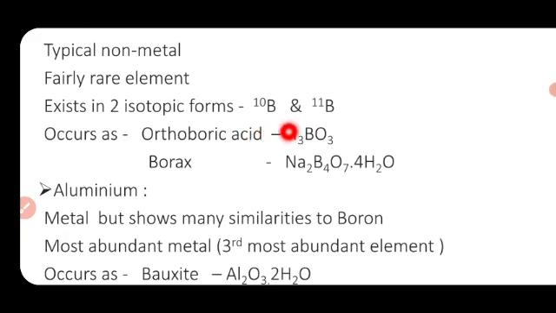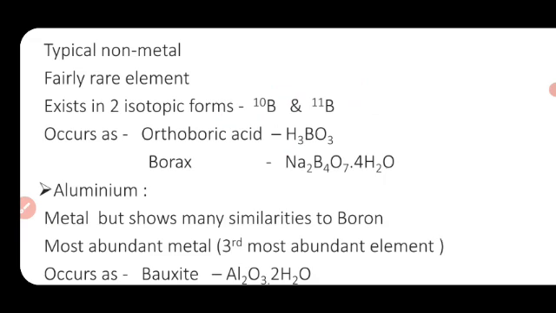So 5B10 is one isotope, 5B11 is another isotope. Now how does it occur? It occurs as orthoboric acid, that is H3BO3. All of you are using boric powder, is it? So what is this boric powder? It is nothing but orthoboric acid.